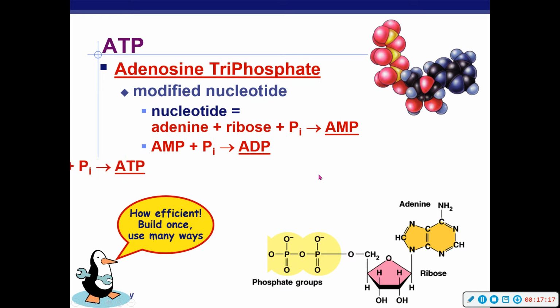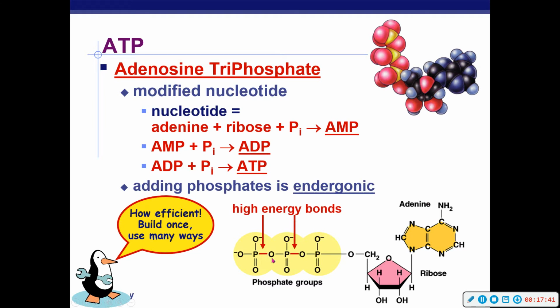Monophosphate, diphosphate, or our typical triphosphate when we are doing cell respiration. I like this. How efficient. Build it once, but you can use it many ways, and you can just modify it a little bit by adding different functional groups, like phosphate groups here.